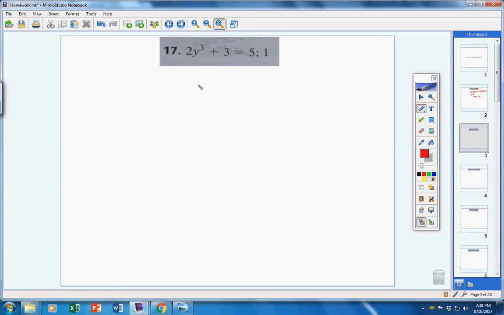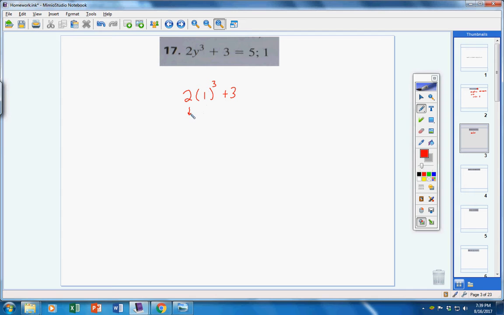Number 17. Okay, we're going to test the number 1. So I have a 2, and then a y, and then plus 3. Now remember, students, we first do our powers.